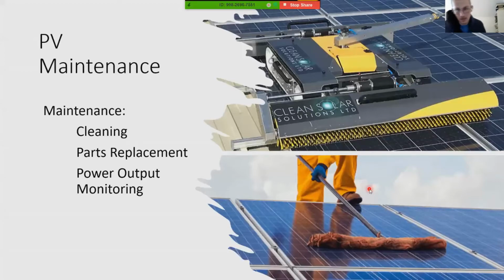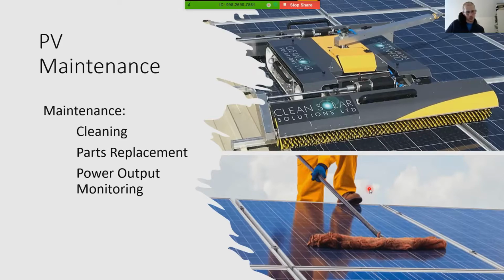As far as maintenance goes, one great thing about photovoltaic is it really doesn't require much maintenance beyond cleaning. You can just do that with water, or water and a squeegee. Just get up on your roof every so often and give them a little clean. The other thing that you do want to keep an eye out for is power output. That combined with how old your system is gives you a good idea of when you might need to replace your system.